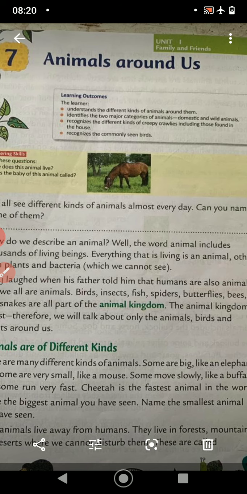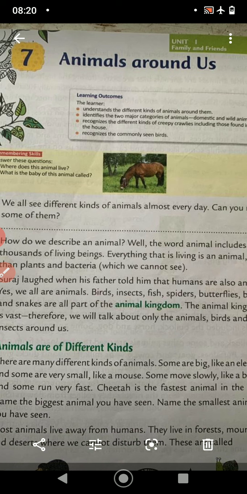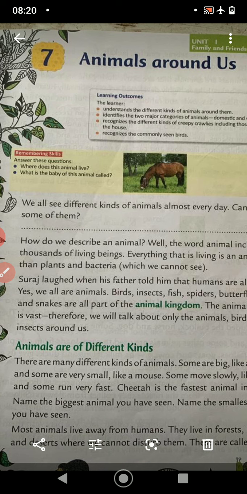Everything that is living is an animal, other than plants and bacteria, which we cannot see because they are very small. Except plants and bacteria, whatever living thing we see is called an animal, right?